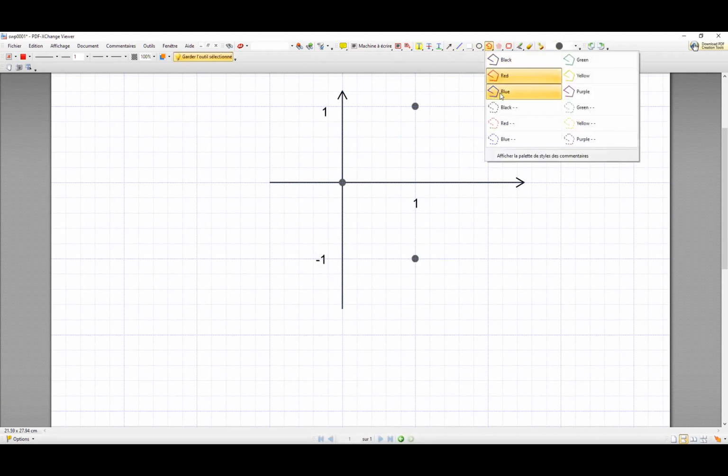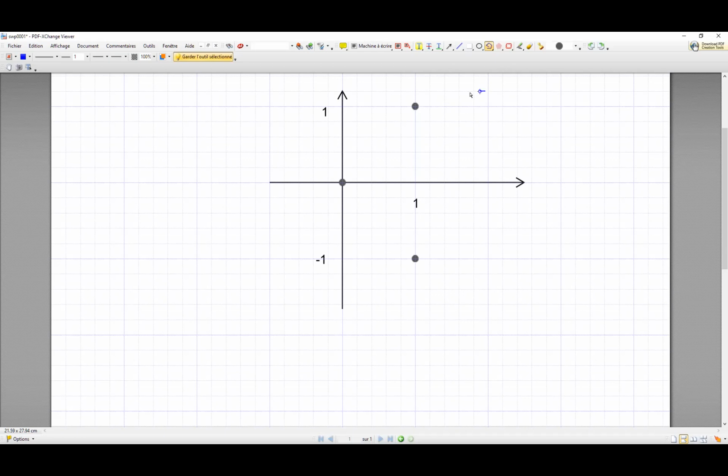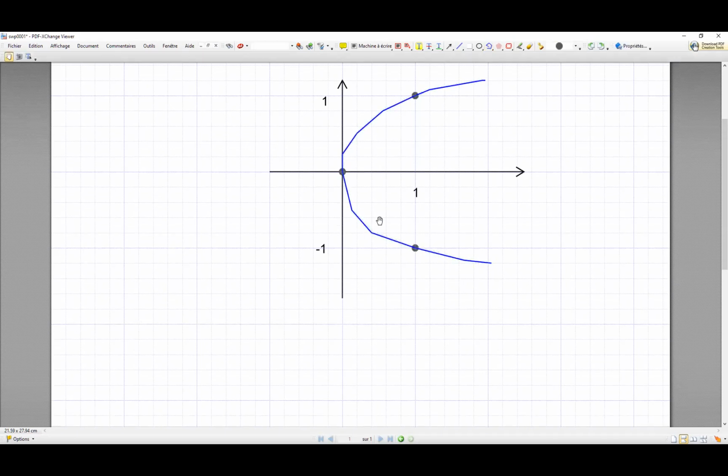And then I can do my best. Let's use some blue and draw this shape. So that's not too good, but it's not art school. As long as we get the gist of it, it's fine. So that's my curve. It will be a parabola, exactly.